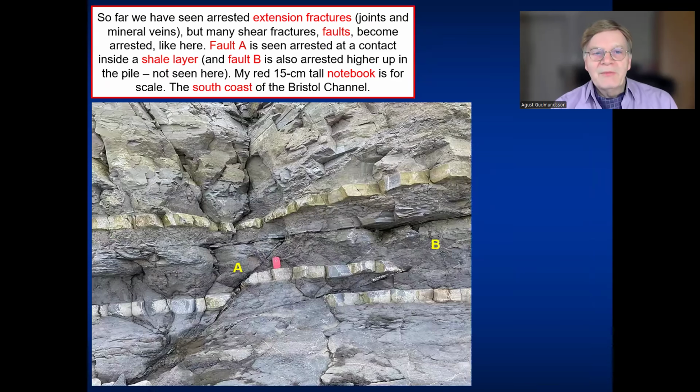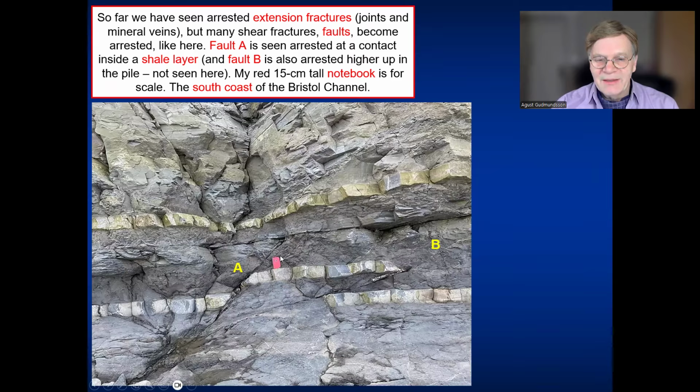I've showed you now many arrested extension fractures, namely joints and mineral veins, but of course small faults are often arrested as well. And here again on the south coast of the Bristol Channel, we see a beautiful example of arrested small faults.